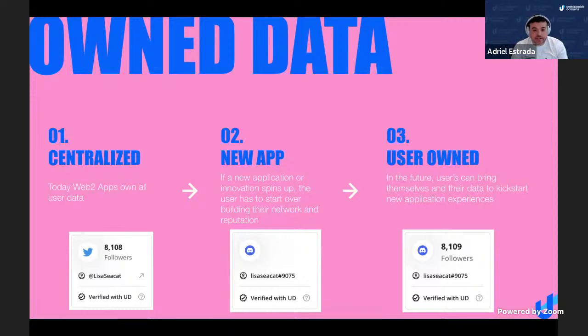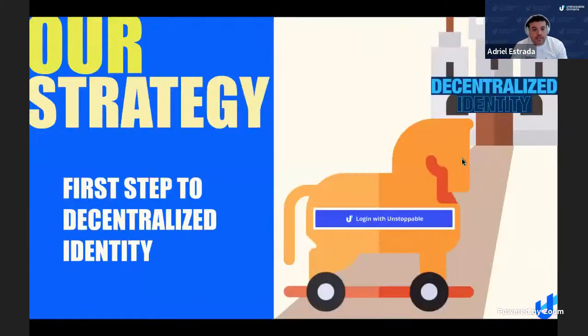Basically, what it comes down to is that our network and reputation just doesn't come with us, right? And what we're working on is to build a world where the user can bring not just themselves, but their data, to help better shape that experience on these new apps. So how are we getting there?